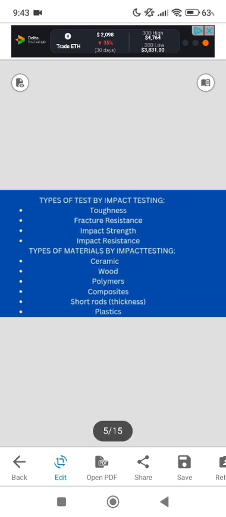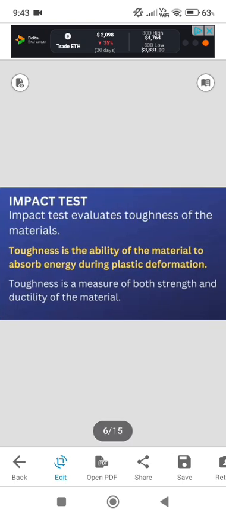Properties measured by impact testing: toughness, fracture resistance, impact strength, impact resistance. Types of materials tested by impact testing: ceramics, wood, polymers, composites, short rods, and plastics. The impact test evaluates the toughness of the material.